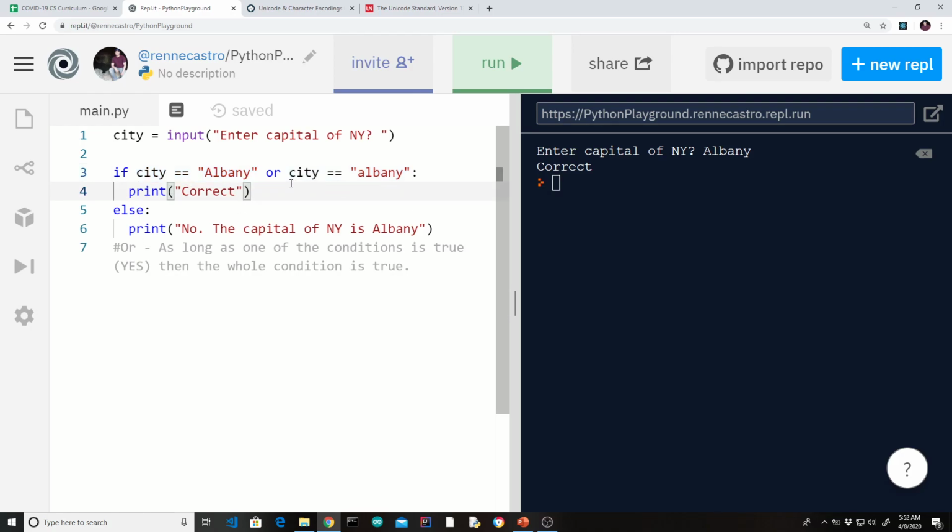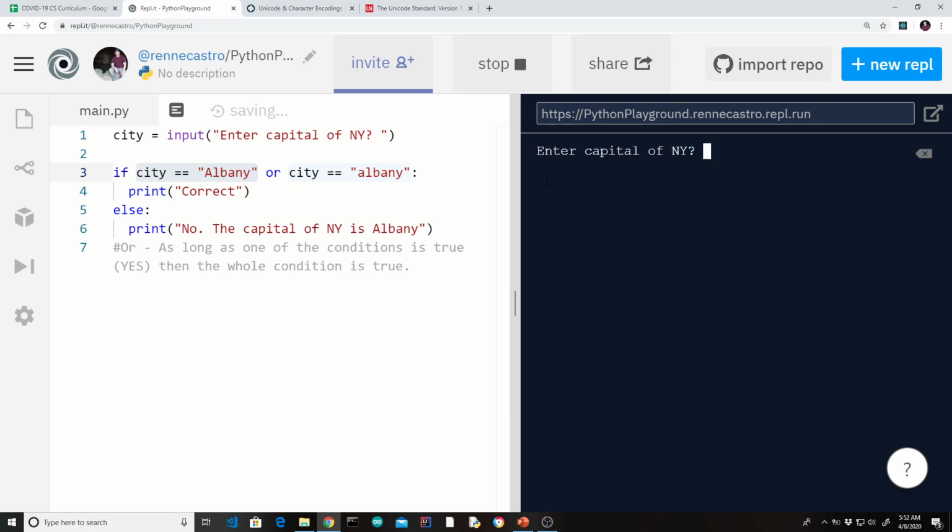In the previous example, when city equal to Albany, when we did a lowercase, matter of fact, let me just run it, it'll be easier. When you do this, you ask yourself, did city equal Albany with a capital A? The answer is no. But city did equal Albany with a lowercase a.